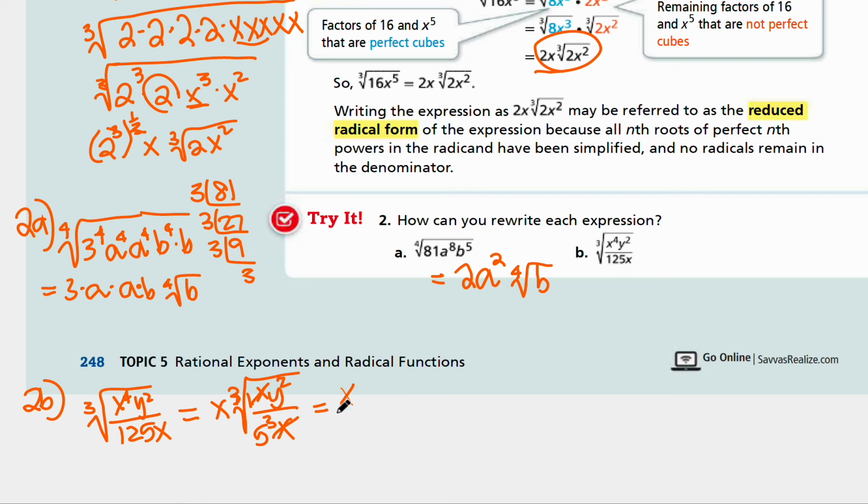So you have x over 5 times cube root of y squared would be the reduced radical form. Or you can write it as x cube root of y squared all over 5.